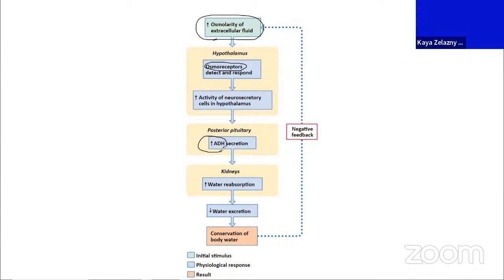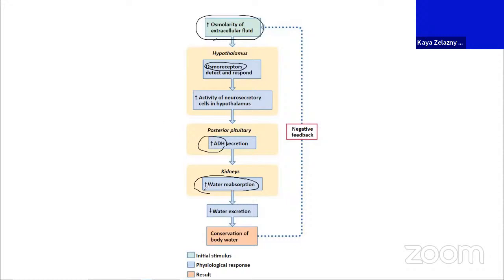Okay. In response to this ADH, kidneys in those distal tubules and collecting ducts go from this non-permeable state with respect to water to inserting those aquaporin 2 molecules so that water can get all the way through. So they have this change, which allows for water reabsorption. When we have water reabsorption, that water is now in your plasma, it's in the blood, which means it's not in your urine anymore.